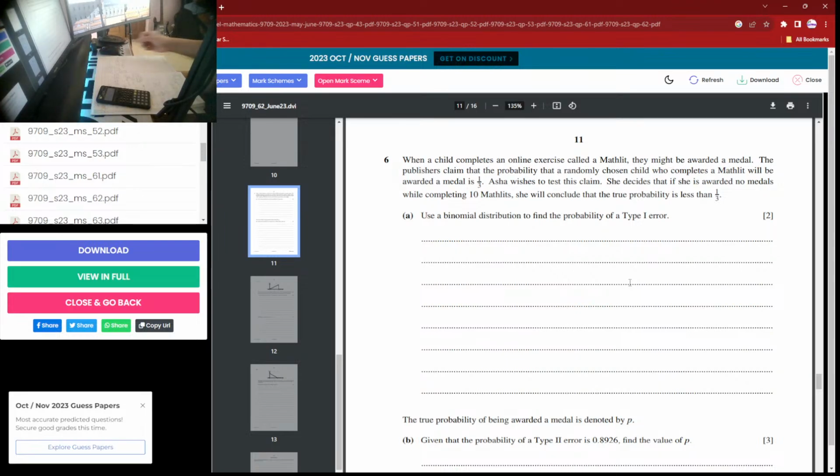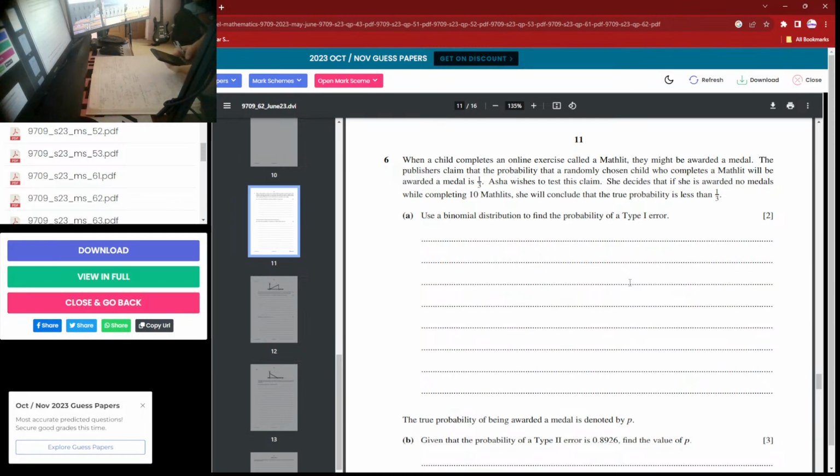So that will be 1 minus the probability of her not getting a medal, which would be a false negative, which is a type 2 error. So it will be 1 minus 10C0 times P to the power of 0 times (1 minus P) to the power of 10, which gives you 0.8926.